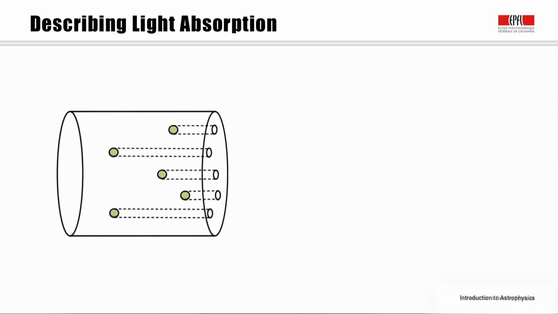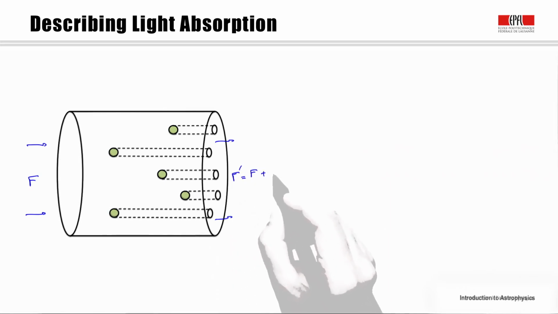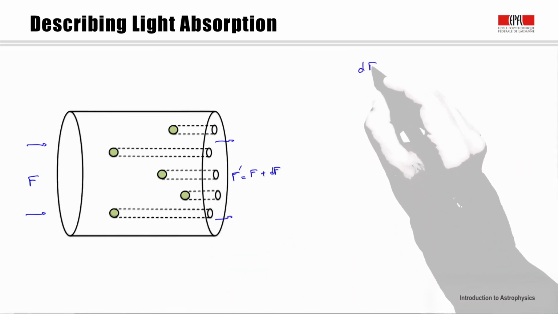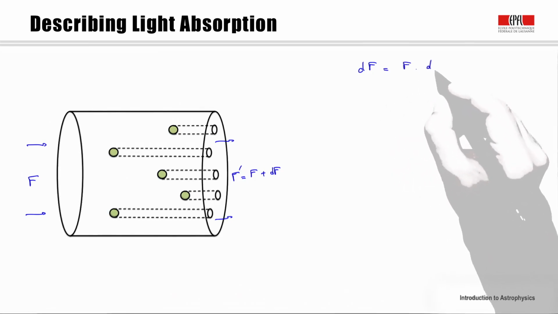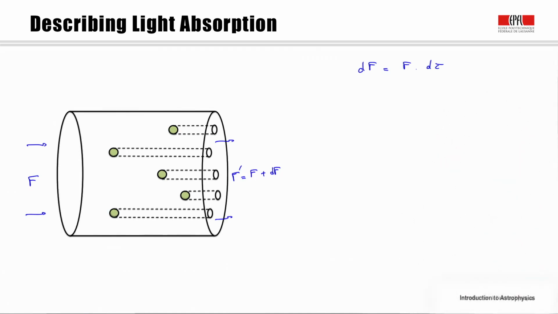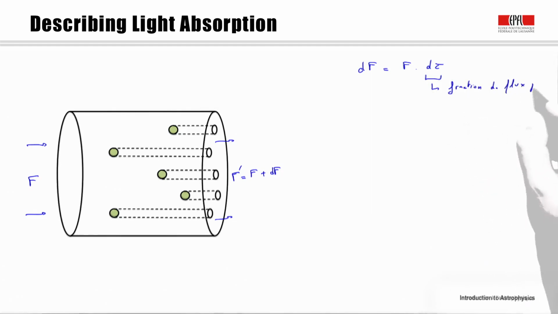Let's see how to use it in order to estimate the fraction of flux that is lost if we have the incident flux F here in a given volume. The outgoing flux is equal to F plus dF. dF can be negative, and will be in this case, as there is absorption. dF equals F times dτ, where dτ is the optical depth, or, as it was called earlier, the fraction of the flux that is lost.